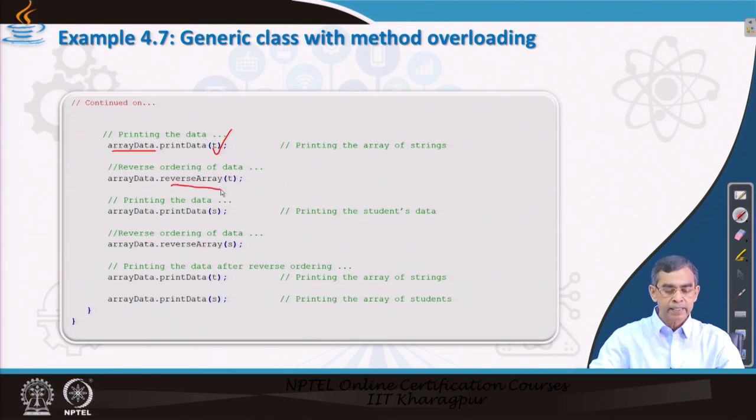Then array data reverse array T will basically reverse the elements stored there in the array. Print data S, in this case S is student, so it will print the student data stored in the array S. The elements stored in the array S will be reversed, and after this reversing it will print the data again.